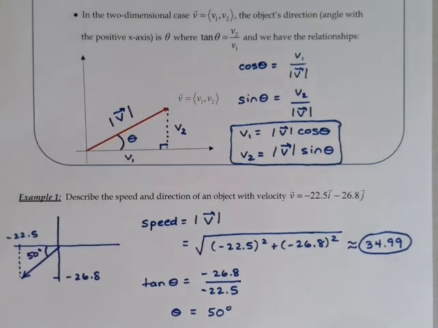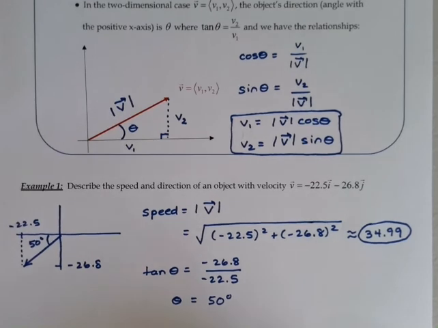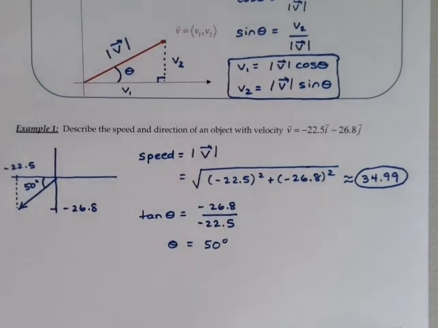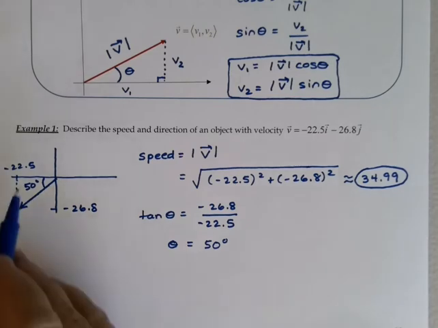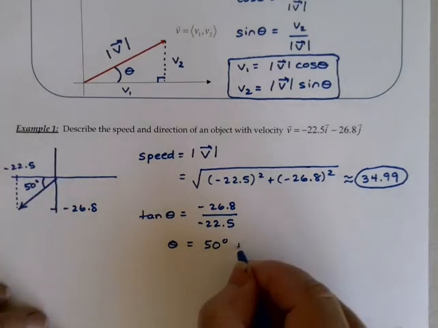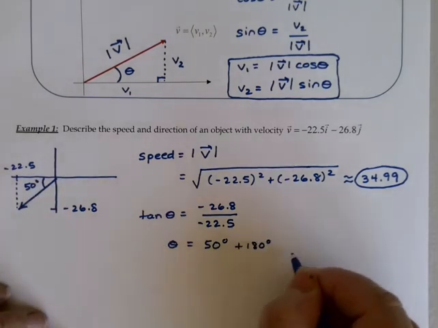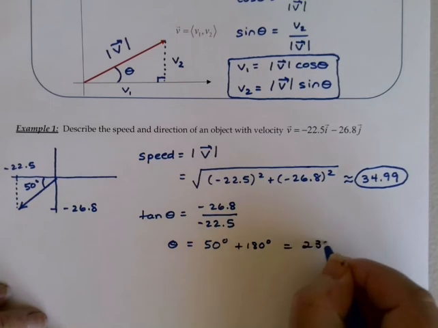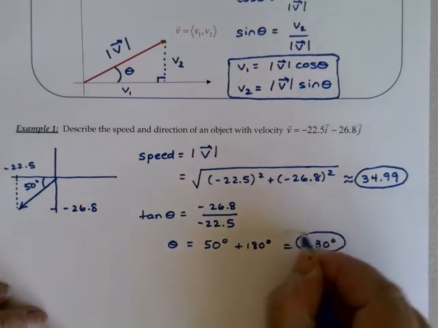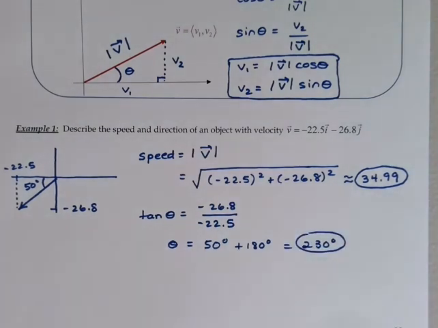So if I wanted to correctly identify the direction, I have a couple of options. If I want to say how far it is from the positive x-axis, and if we're going to give a theta as a final answer, it always has to be with the positive x-axis, then of course I'd have to add the 180 degrees. So I could give the direction as 230 degrees, and that automatically means from the positive x-axis.